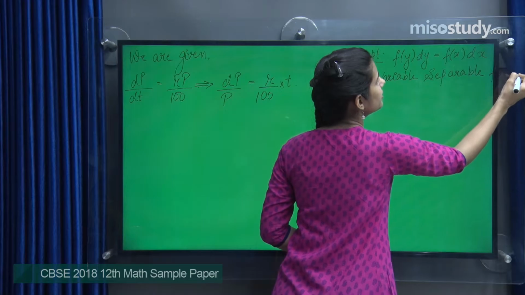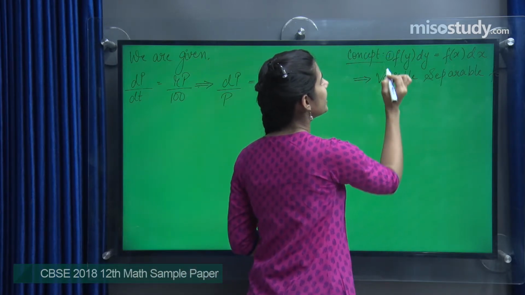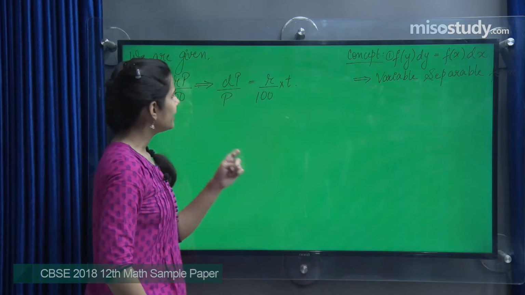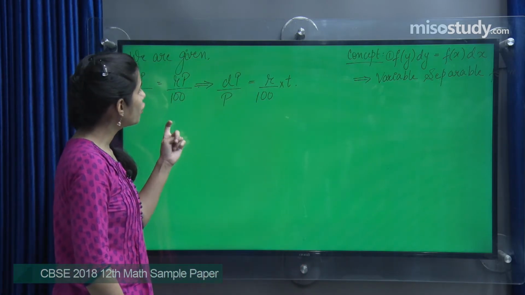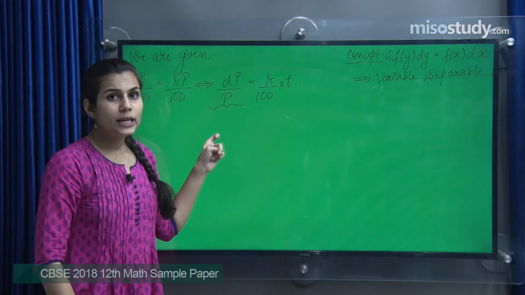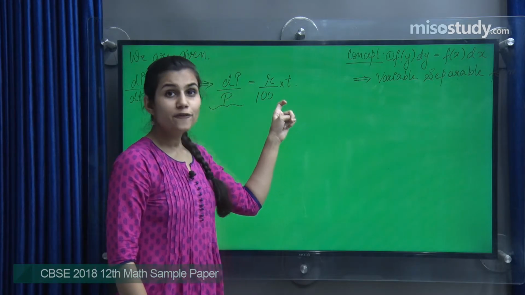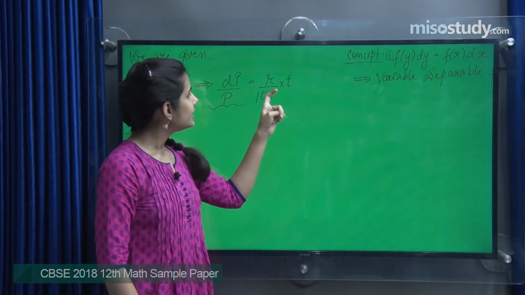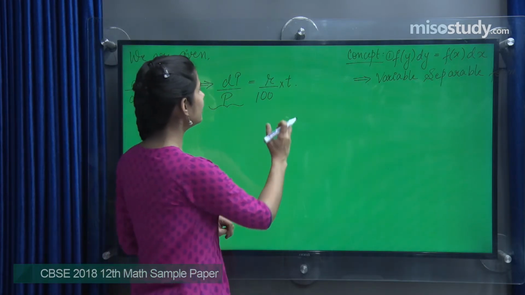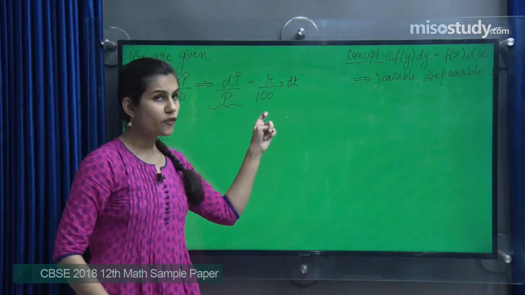And then, the strategy which is supposed to be adopted in the variable separable form has to be adopted over here. Over here you can see that this is f of p, which is 1 by p into dp, equals f of t into dt. Is there a dt over here? Well, of course, this is dt. So you have f of t into dt.